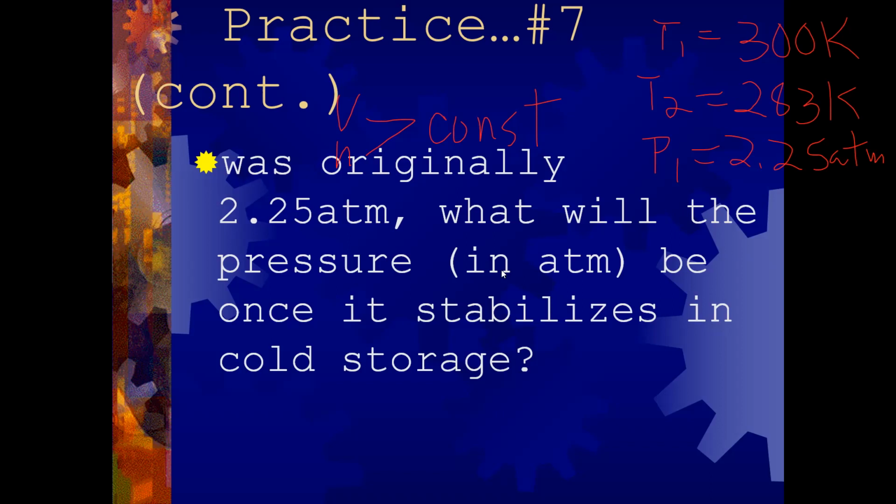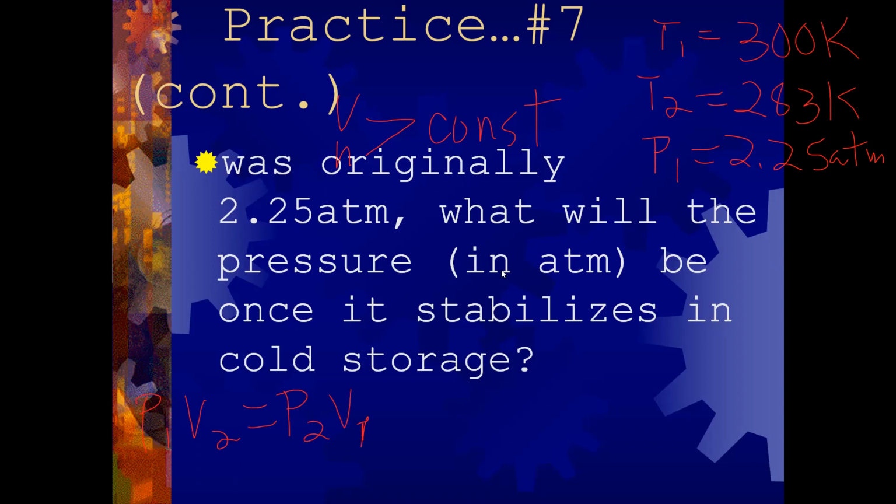Remember, this one is P1 over T1 is equal to P2 over T2. I said V1, I meant P1. If we put them in a linear form, it's going to be P1 T2 equal to P2 T1.